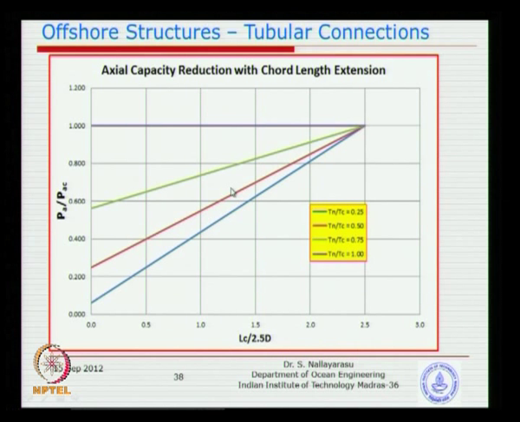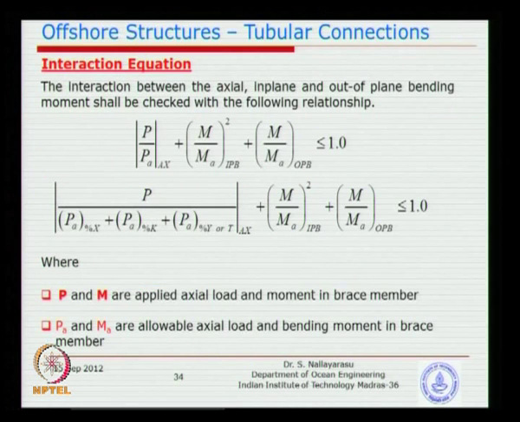For example, if I keep L by 2.5 d, that is the ratio 2.5 times, then it is automatically 1, and as you reduce it, you keep coming down to lesser values, 0.2, 0.3. So, this needs to be taken into account before you use these values of PA in this equation. You have to look for the reduction and then put it here. If your length is 2.5 diameter, then you do not need to reduce it, you can directly use it.